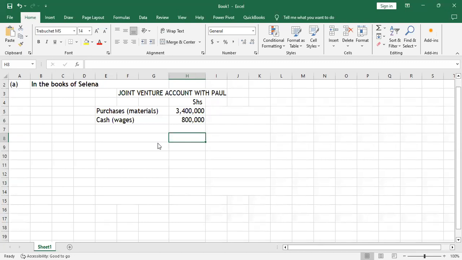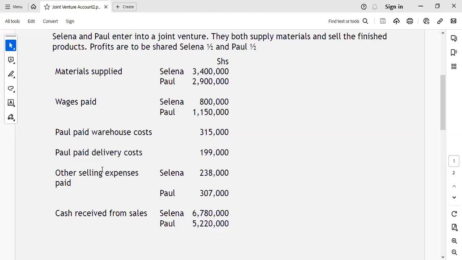We also see that Selena paid other selling expenses, 238,000.